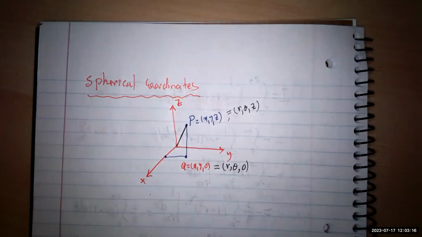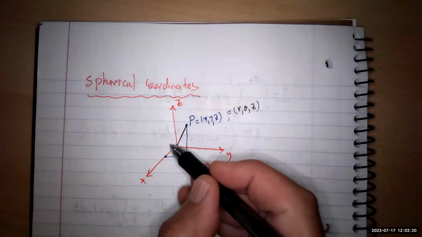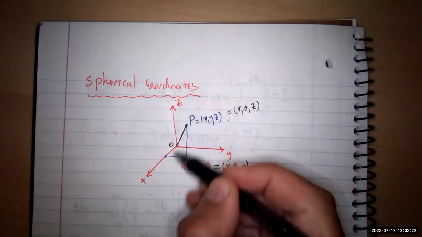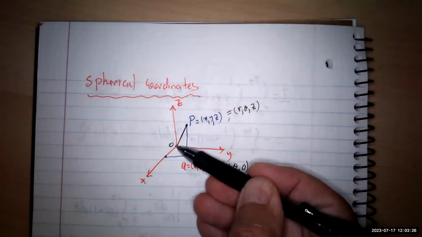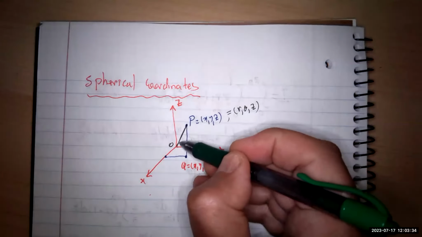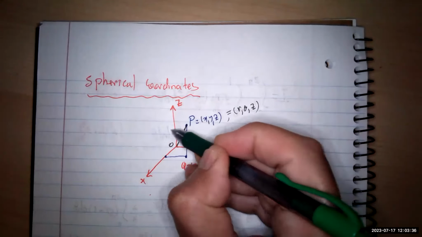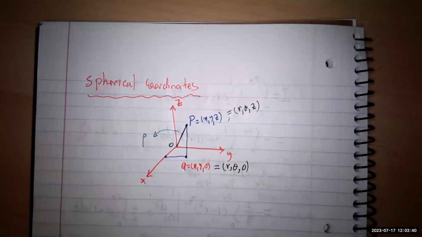Okay, so as you can see, the coordinate of this point is x, y, z, and this is going to be the origin, which is going to be 0, 0, 0. So the distance from this point to the origin is going to be what? Usually we refer to this one as rho.